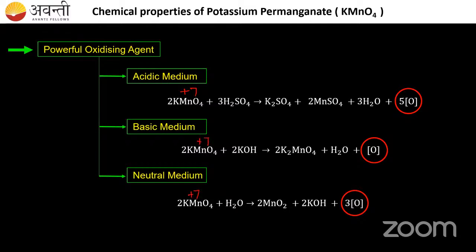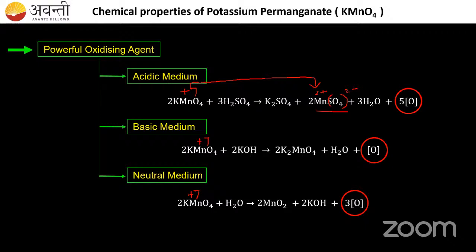Now, can anyone tell me the oxidation state of manganese in MnSO4? We know that sulfate, SO4, is 2 minus, which means Mn is 2 plus. So manganese is going from +7 to +2.